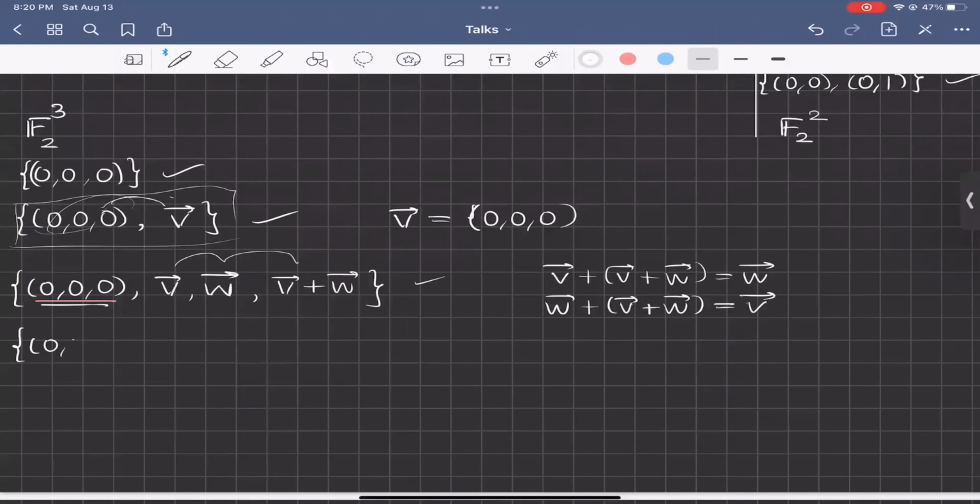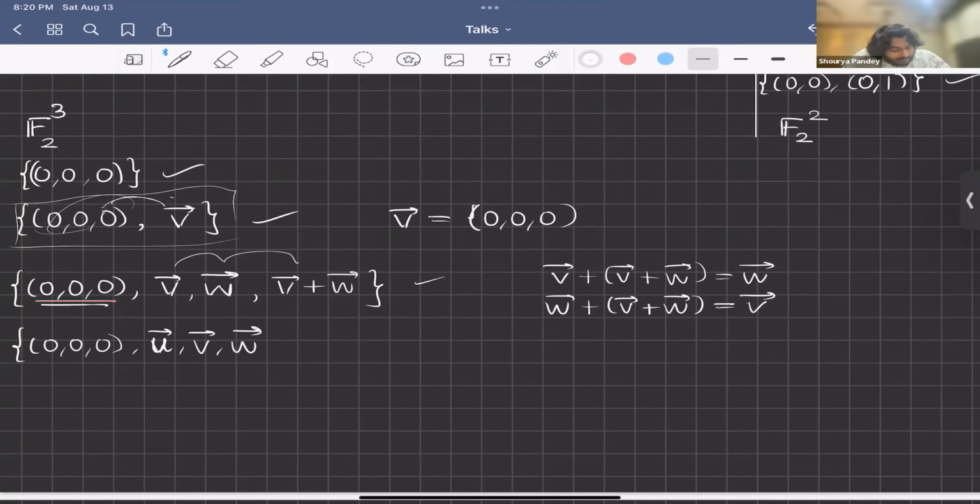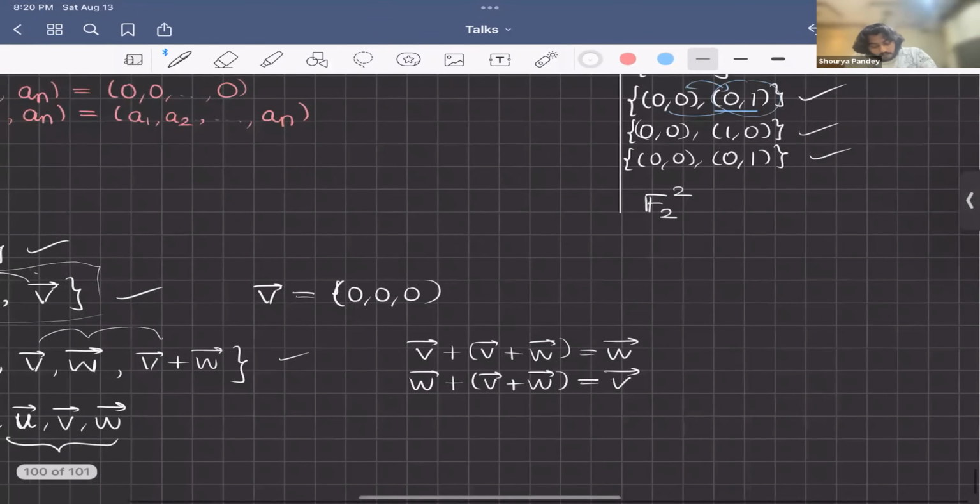And then what happens if you take more sets? Basically, if we take, let's say, another U, then we will get V plus U. Let's say these are linearly independent, right? So I can extend the definition of linear independence here as well.